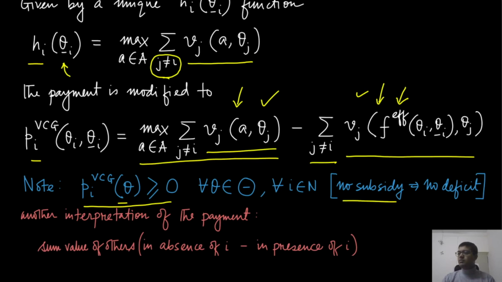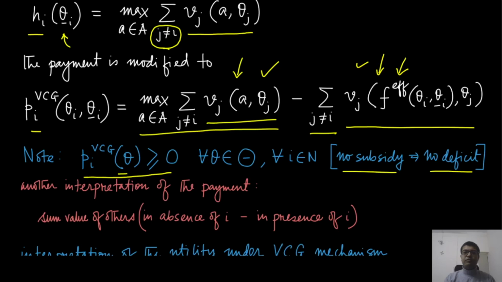This is known as the no subsidy property. So the mechanism designer never pays anybody. It just extracts payments from the players. And because of no subsidy, if you take the sum over all these payments, you are going to see that the sum will also be non-negative. That means it has no deficit. So VCG payment never runs into a deficit. That is one way we can interpret this payment function.